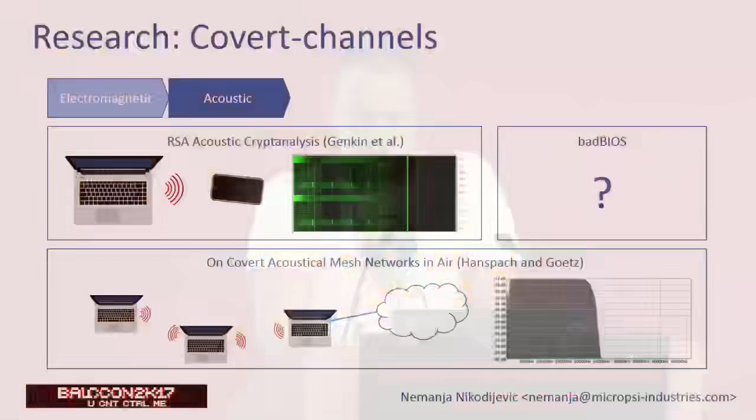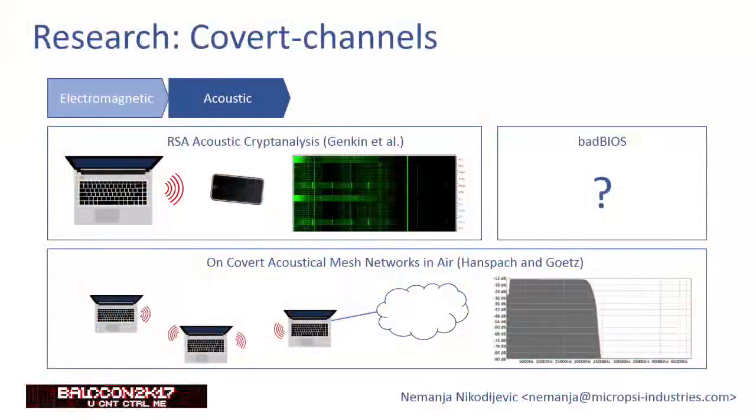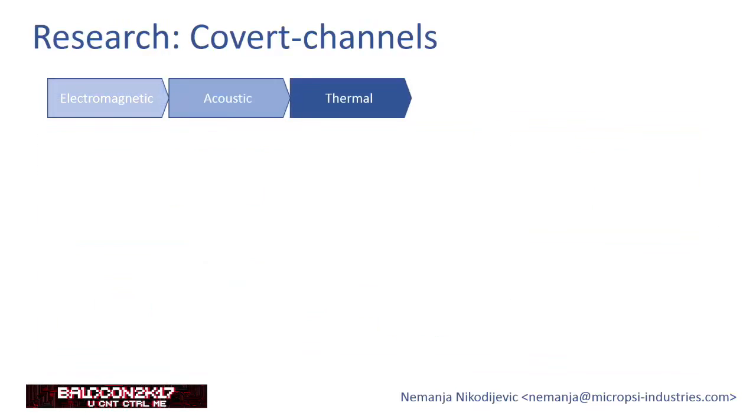But this was proved to be possible by Hanspach and Goetz, probably a year after BadBIOS was first mentioned. They proved that it is possible to create a kind of mesh network of computers that use speakers and microphones to communicate together and then exfiltrate data from the infected network.